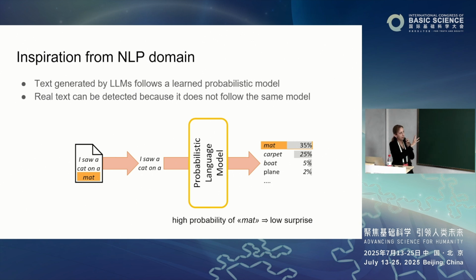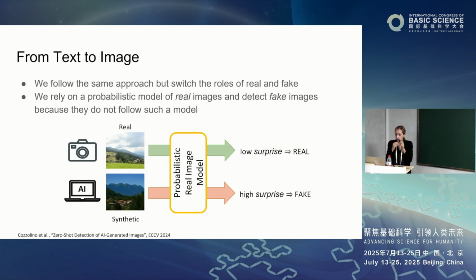Now, how do we translate this idea, already published for synthetic text detection, to images? We said, okay, let's change the perspective and switch the roles of real and fake. Let's rely on a probabilistic model of real images and then detect fake images because they do not follow such a model.